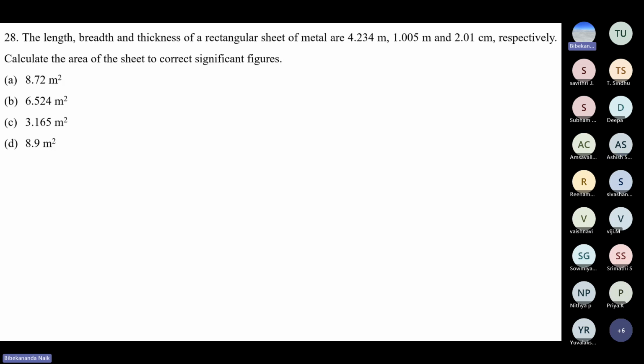So as you can see here, we have length, breadth and thickness. Length is given 4.234 meters. Breadth is 1.005 meter and thickness or height is 2.01 centimeter. This 2.01 centimeter has three significant figures, but since we are calculating in meter square, we need to convert all the given quantities into meters.